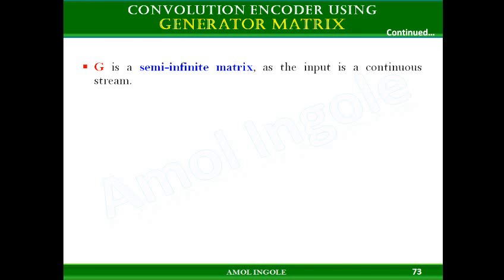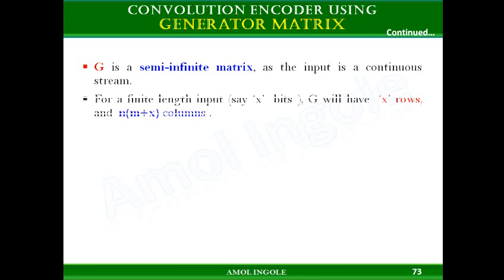The generator matrix is a semi-infinite matrix as the input is a continuous stream. That's why in the example we did not show the number of rows and columns, because it depends on the input bit stream. So the size of the generator matrix would be semi-infinite.